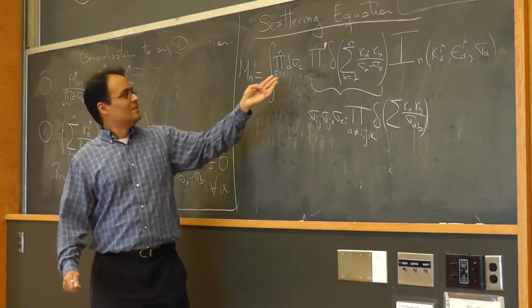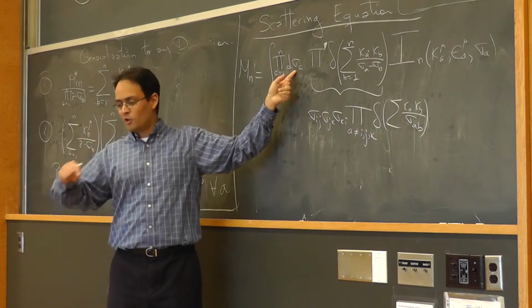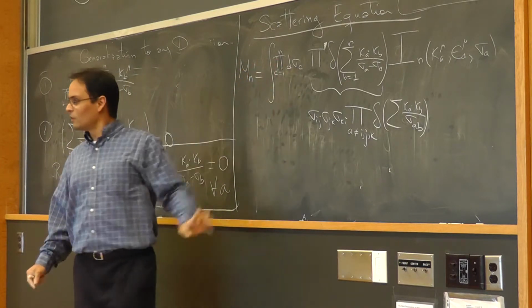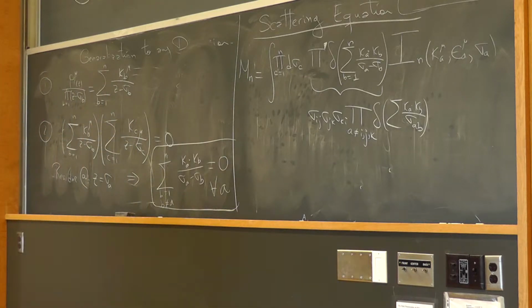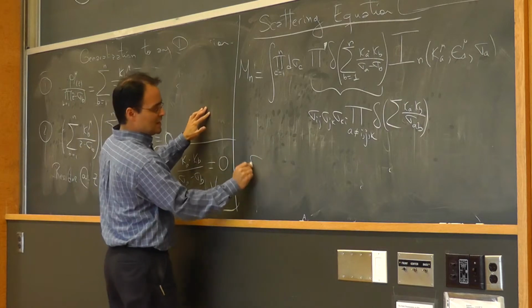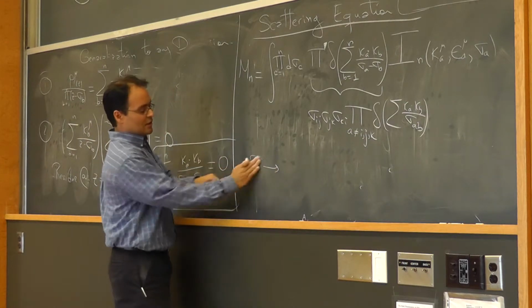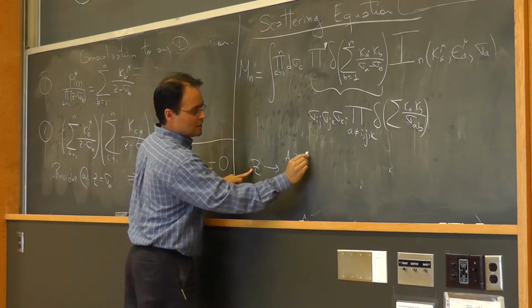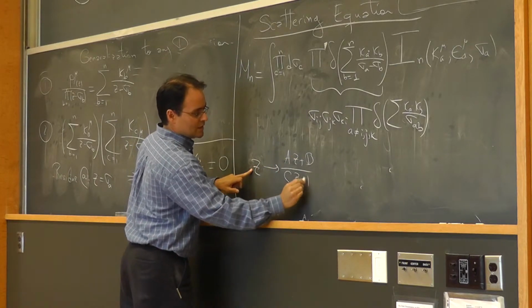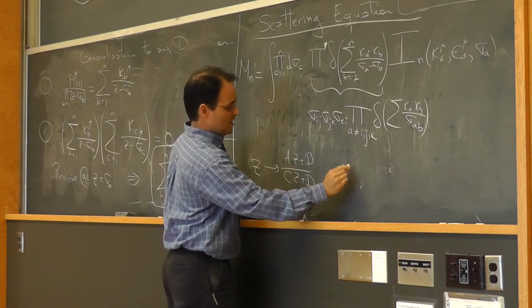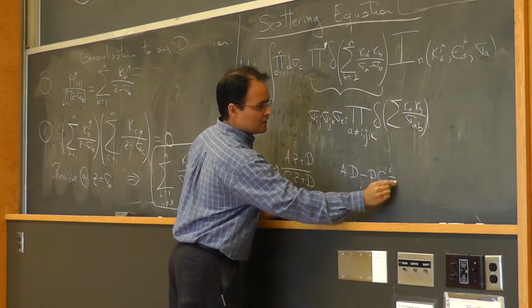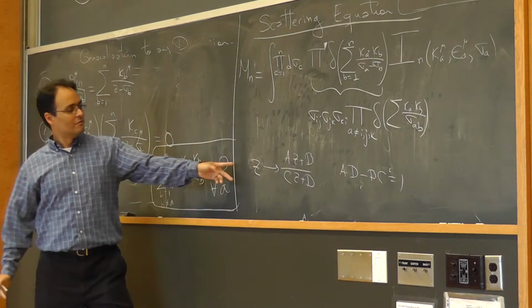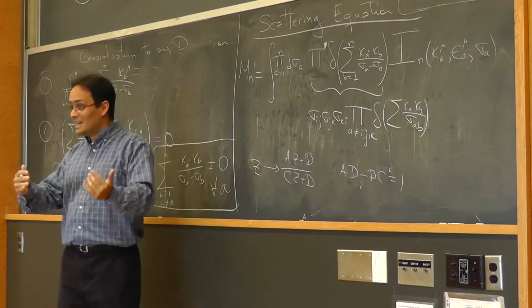It means that, out of my n locations of the punctures, I shouldn't integrate over all of them, because I can use SL2C as a group acting on the sigmas to fix any three of them. The action on the coordinate z is (az plus b) over (cz plus d), where ad minus bc is equal to 1. So I can fix any three of them to be anywhere I like.